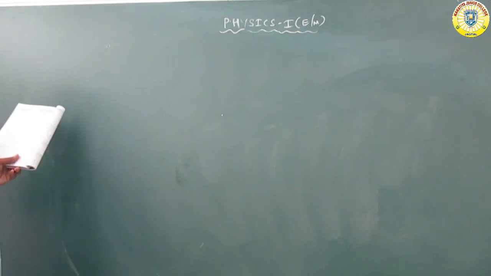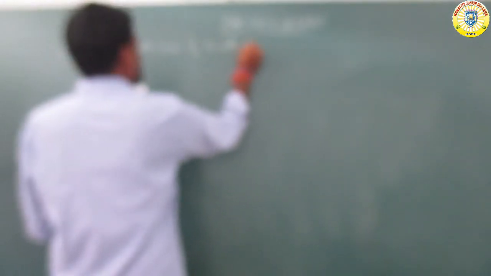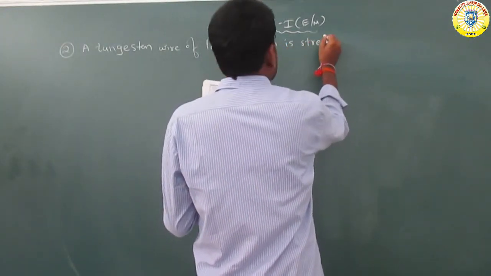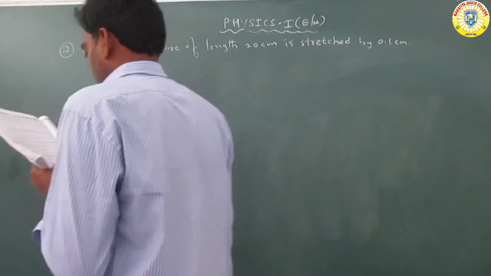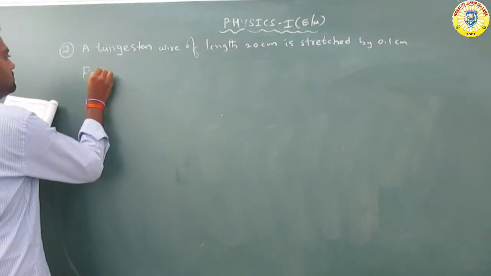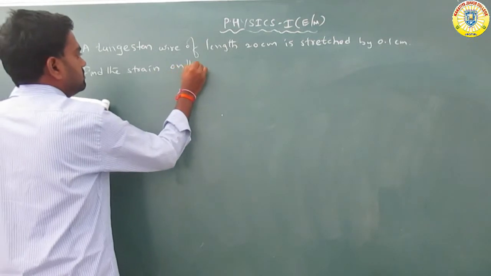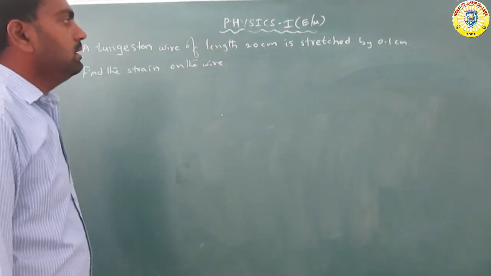A tungsten wire of length 20 centimeters is stretched by 0.1 centimeters.